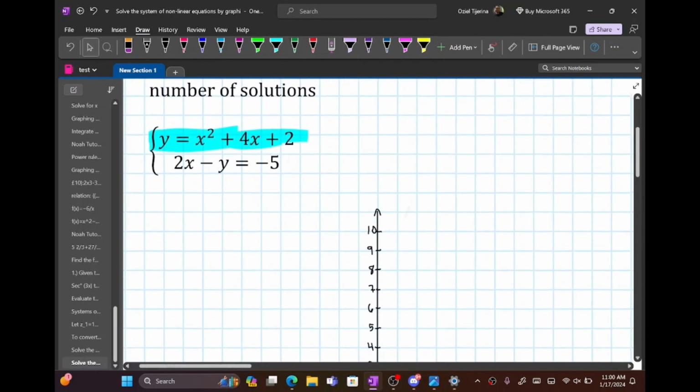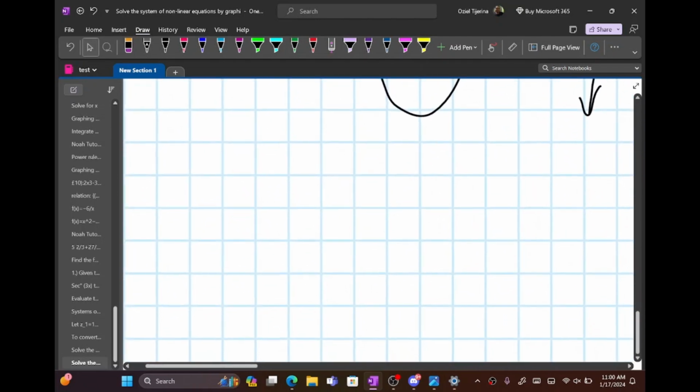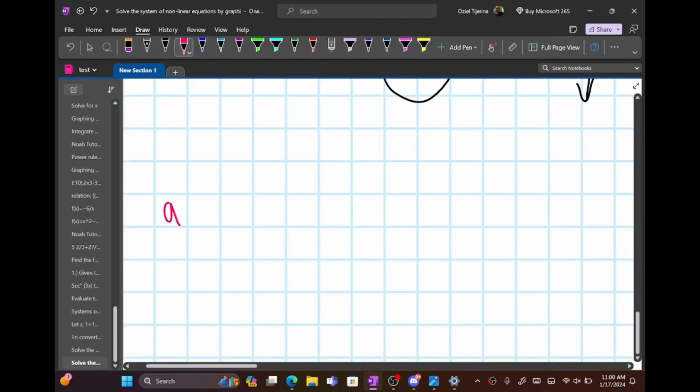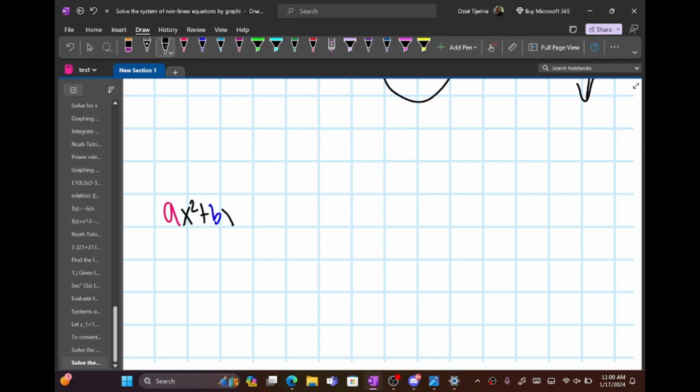Now, to graph this function, we know that if we have ax squared plus bx plus c, one of the things we have to keep in mind is that our y-intercept will always be the point 0, comma c. Okay, so I just want to make that very clear.